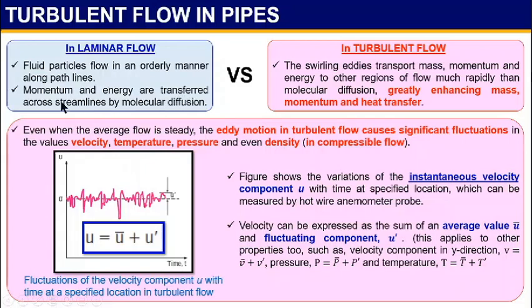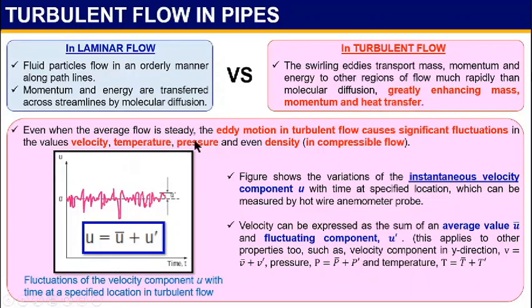Momentum and energy are transferred across streamlines by molecular diffusion. However, in turbulent flow, the swirling eddies transport mass, momentum and energy to other regions of flow much more rapidly than molecular diffusion, greatly enhancing mass, momentum and heat transfer.